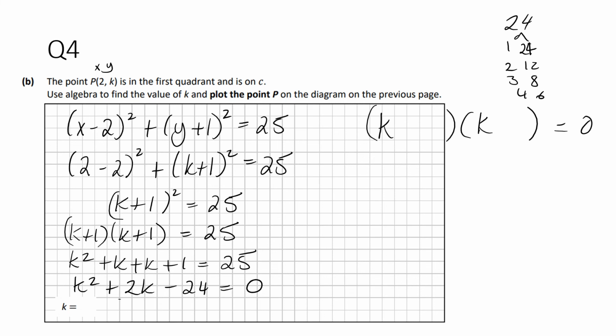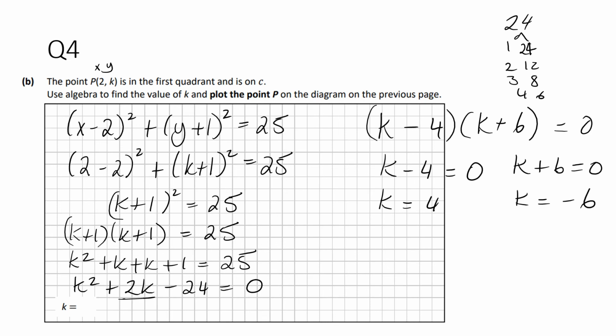And we're seeing which two add up to 2. So 4 and 6 will be the best ones. You want to get plus 2, so that'll be plus 6 and a minus 4. So k minus 4 is equal to 0, so k is equal to 4. And then k plus 6 is equal to 0, so k is equal to minus 6. So there are your two values for k. They can either be 4 or minus 6.